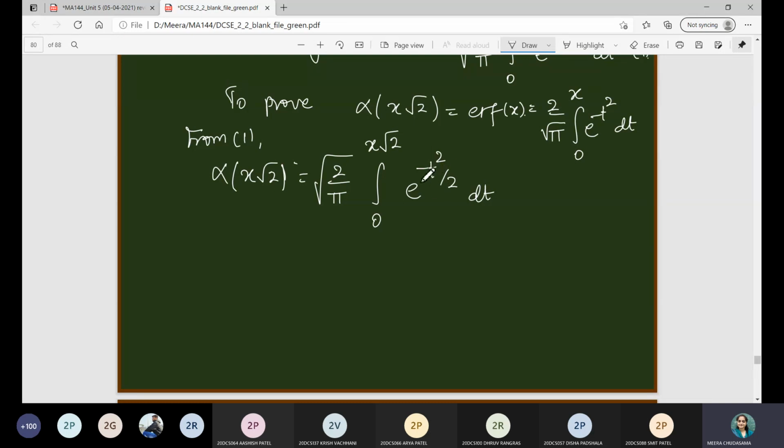So here we will consider t square by 2 as another variable u square, right? So t square is 2u square, so 2t dt is equal to 4u du.